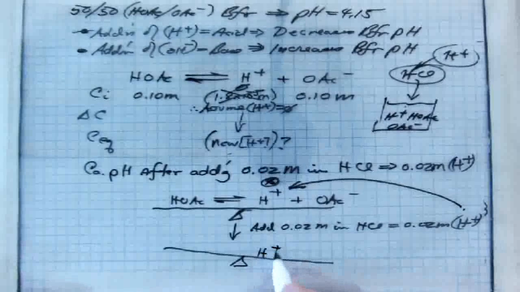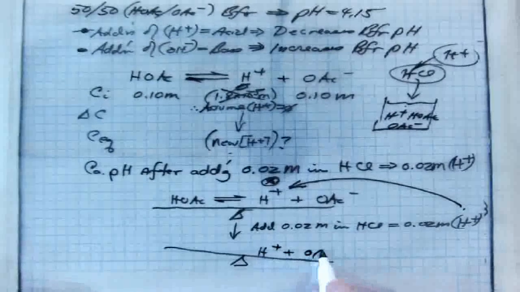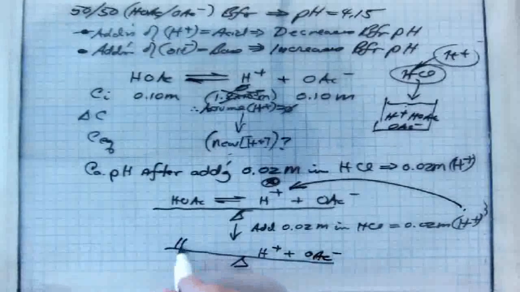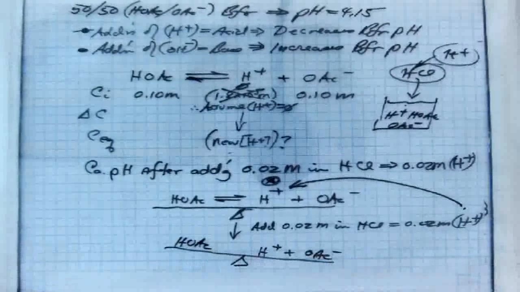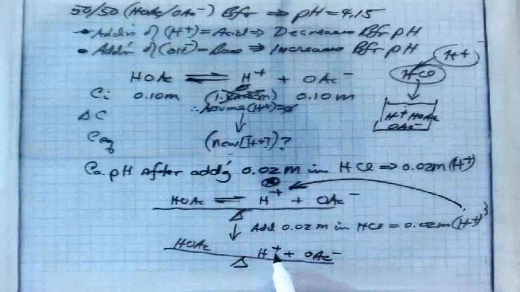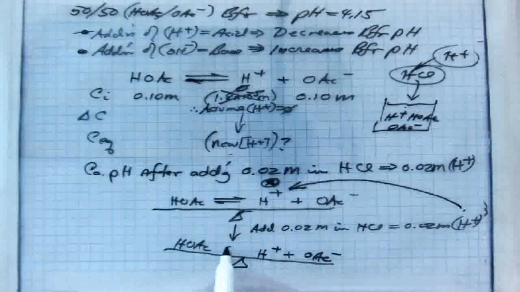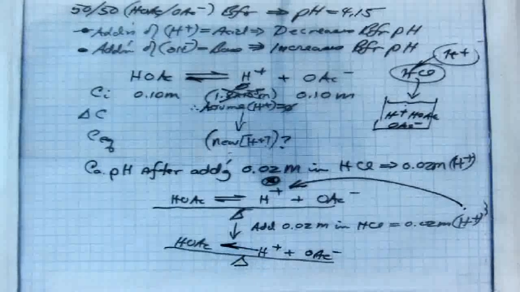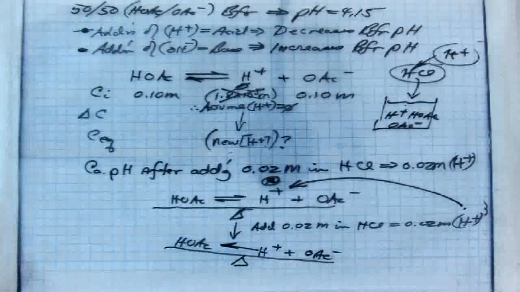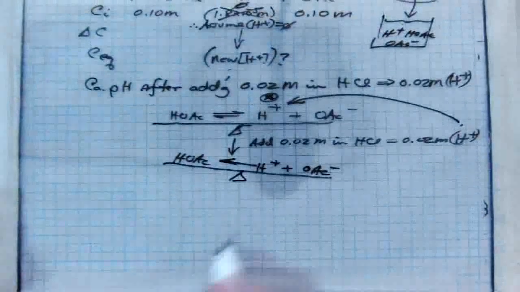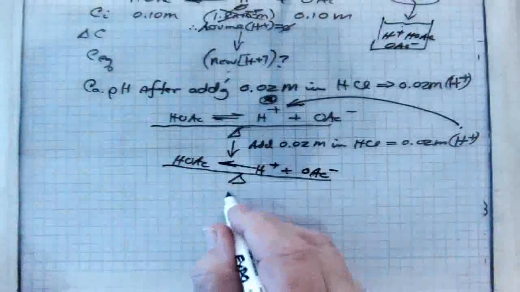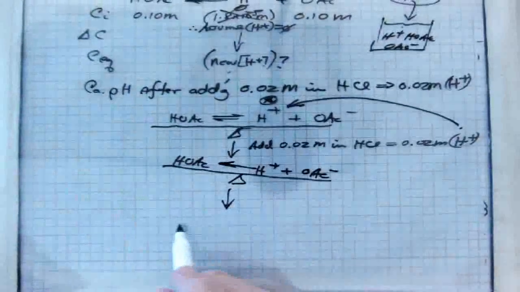Okay, this is what you need to look at. HOAc in equilibrium with H+ and OAc-, initial concentration, change in concentration, and concentration at equilibrium. You start out with this, say hypothetically 0, and 0.10 molar in this. The change in concentrations: this decreases, this goes down, and this one has to go up.